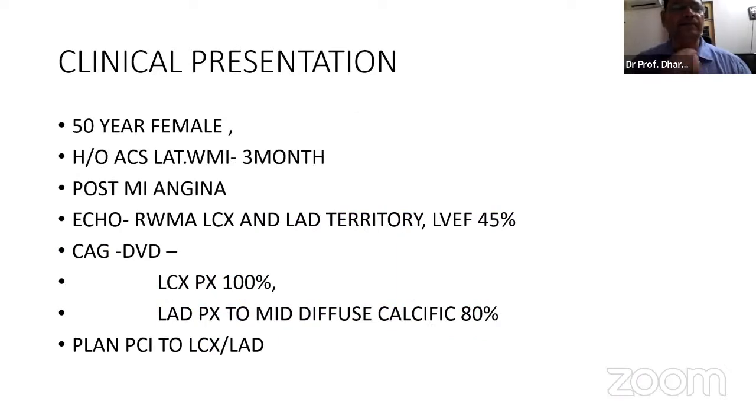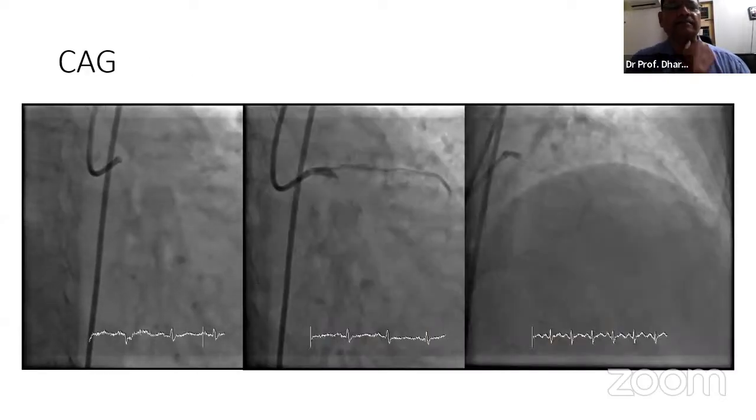This was a clinical 50-year female, lateral wall MI 3 months back, post MI angina, echo was having RWMA, L6 and L8 territory, EF was 45, and it was having double vessel disease. L6 proximal 100 ACS infarct-related artery, and LAD was proximal to mid diffuse calcific 80%, and plan was PCI to L6 plus minus LAD.